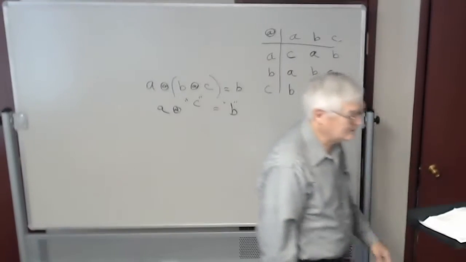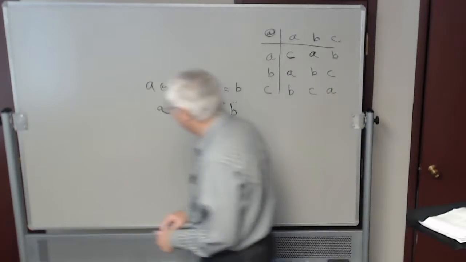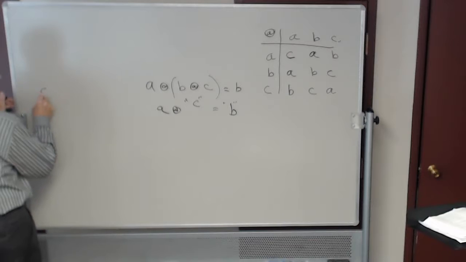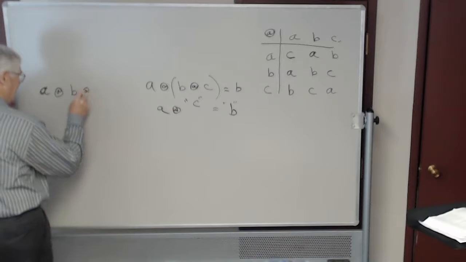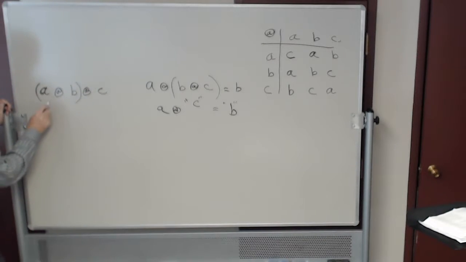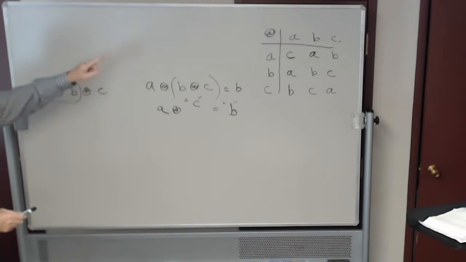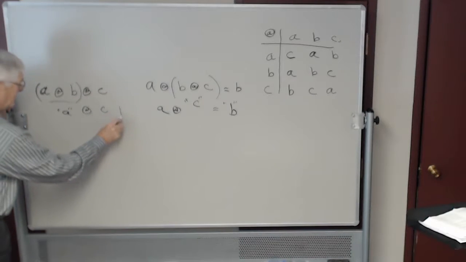Now, what do they want me to do next? A at B at C. Do it again, except now they want me to group it like this. What's A at B? A at B is A. What's A at C? B. So we get the same answer both times.